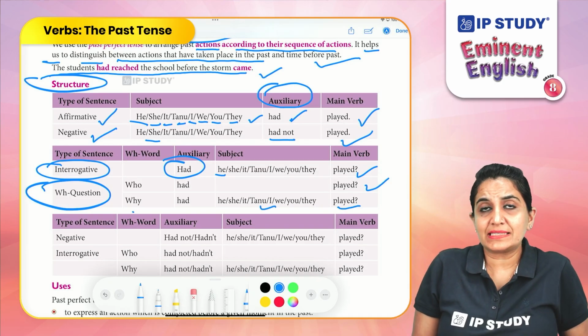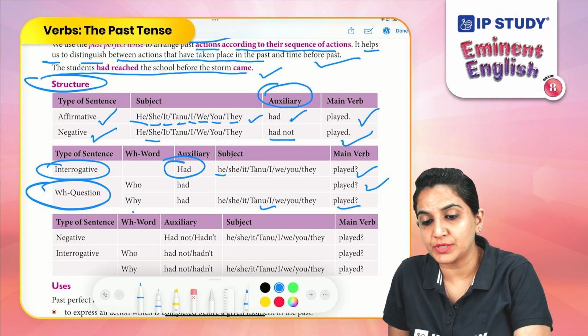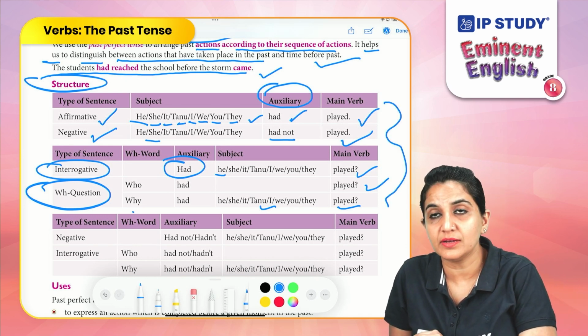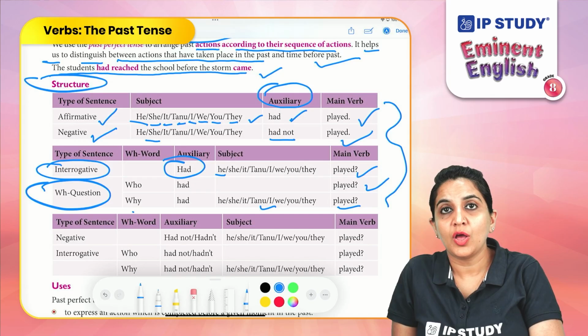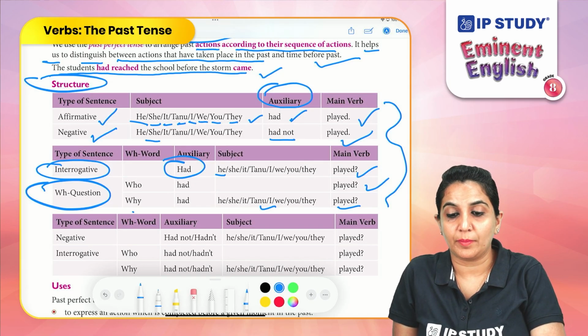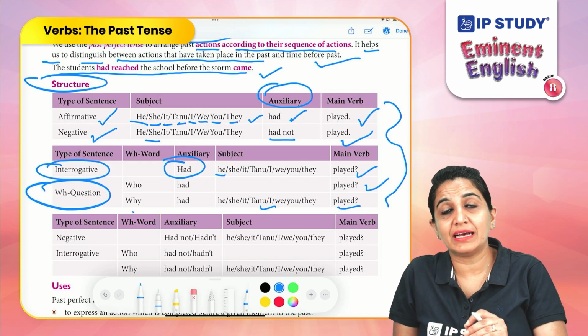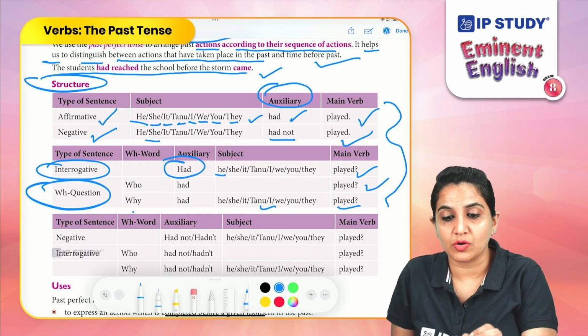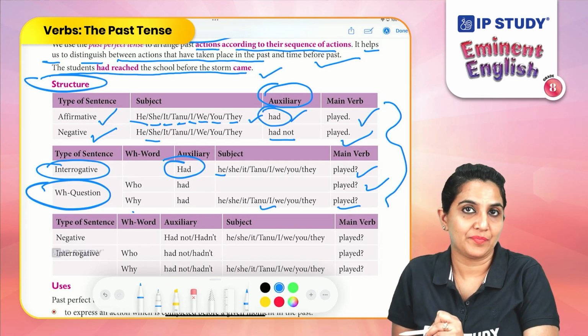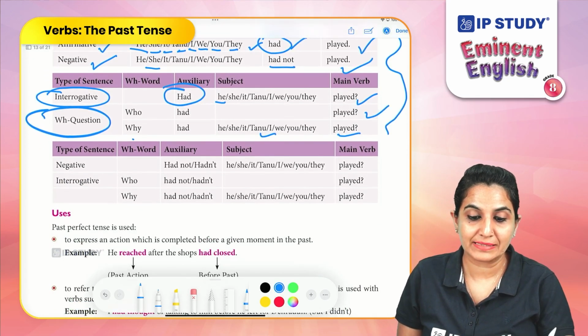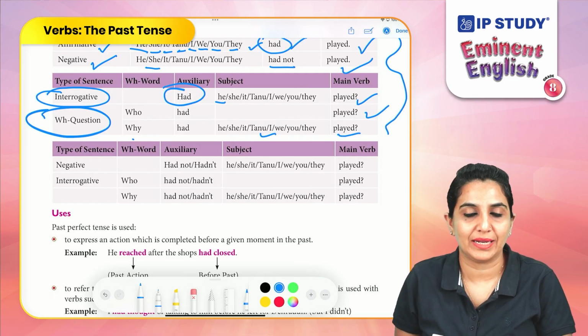So in all of these sentences, you can notice that the main verb was the past participle of the main verb, and along with that, we have constantly used the auxiliary verb had, which is the past tense of have as well.